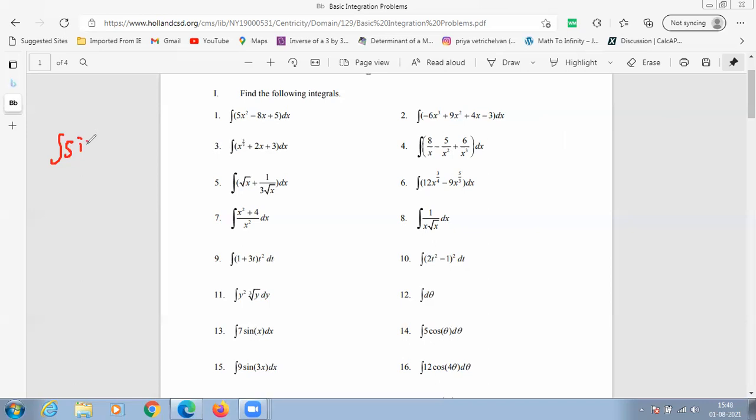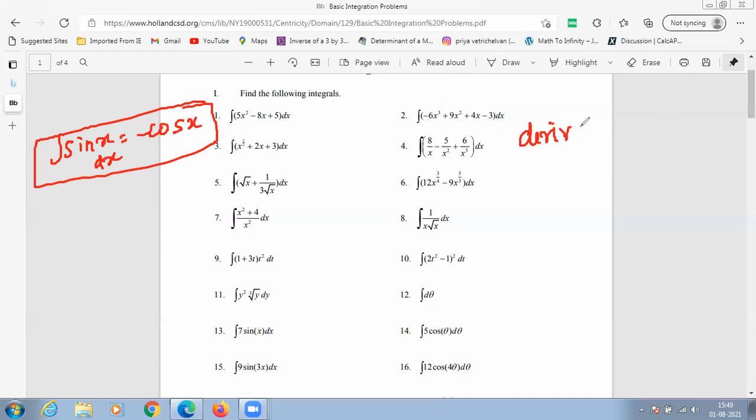So integral sin x is minus cos x. Remember this. Remember the formula. I have uploaded the video on the derivative of sin x. Yes, not the integration. Integration is antiderivative, right?